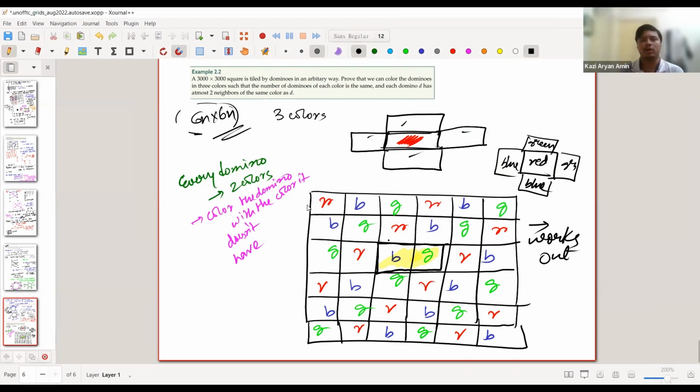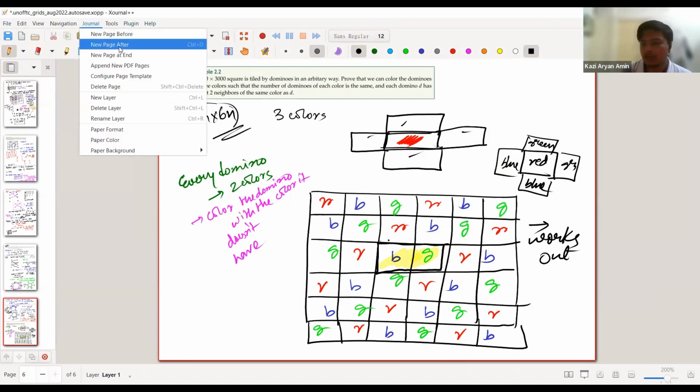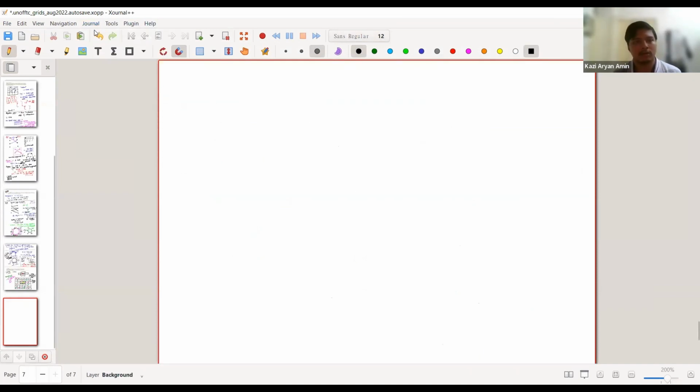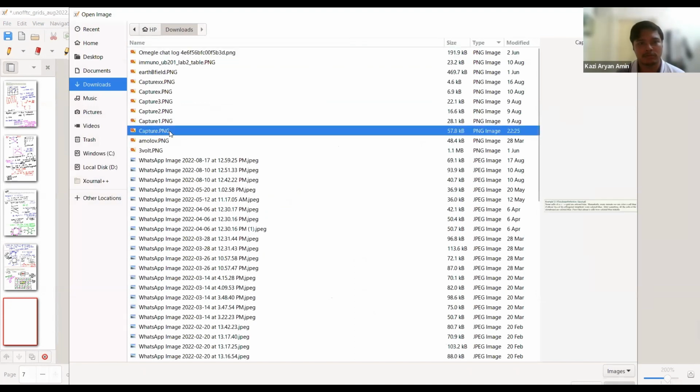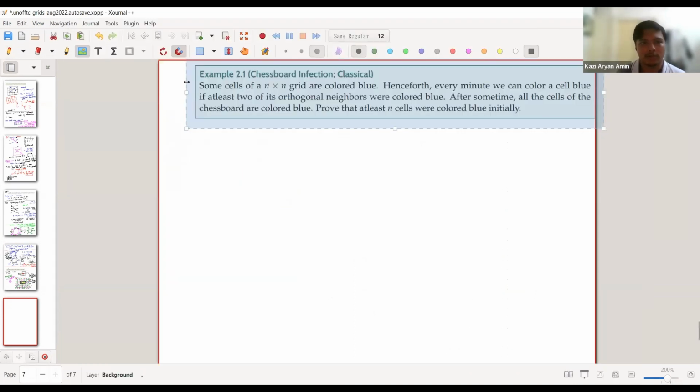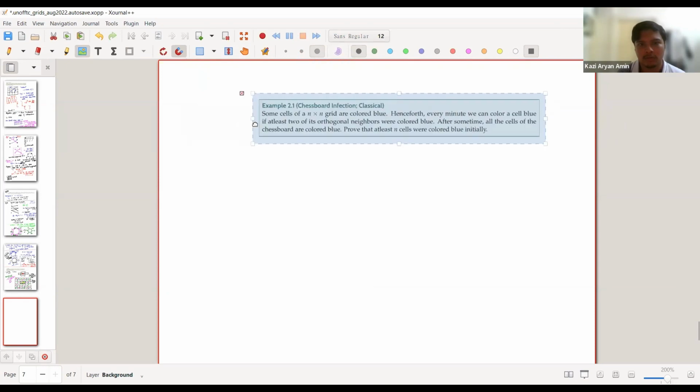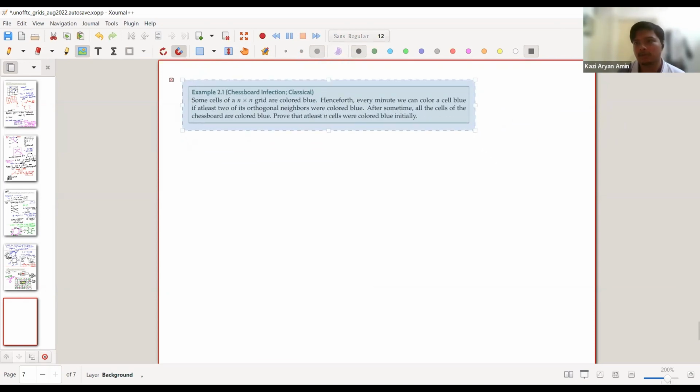Does anyone have any questions regarding this? Okay, I'll just move on. This is the next problem. Is the problem statement visible?